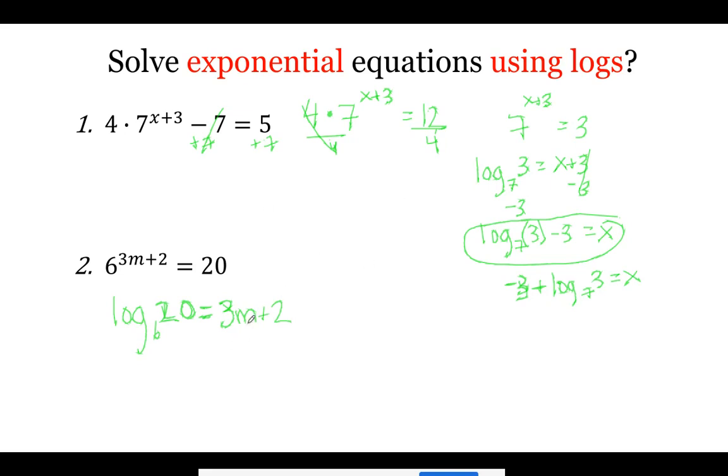Let's isolate that m. Minus 2, subtract 2 on both sides. Log base 6 of 20 minus 2. I'm going to put the negative 2 in front. Equals 3m, and then our last step is going to be to divide by 3.